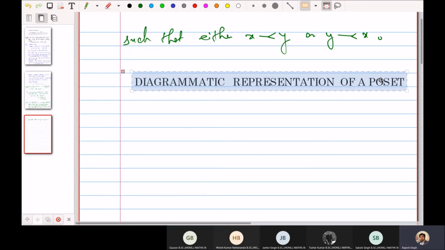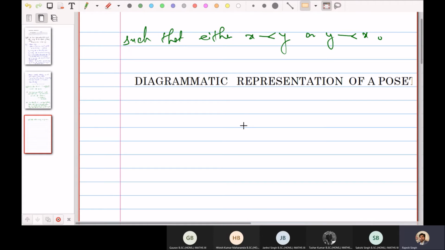Okay. Diagrammatic representation has its own importance because we can get a lot of information by just looking at the diagram of the partially ordered set. So it is always nice to have its diagrammatic representation.